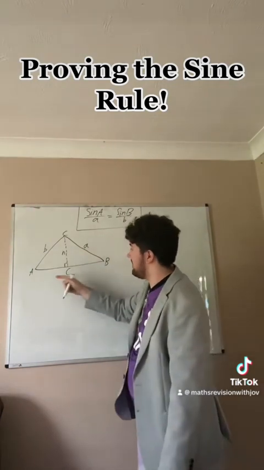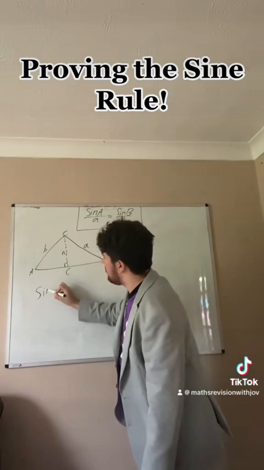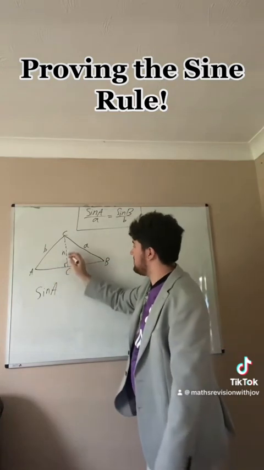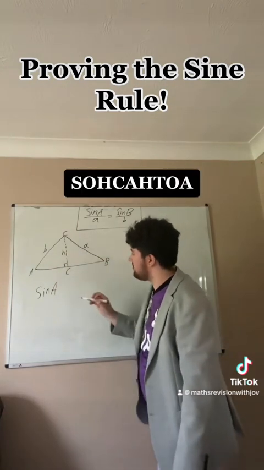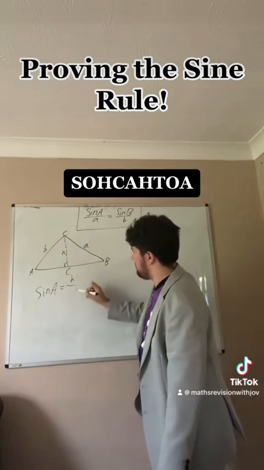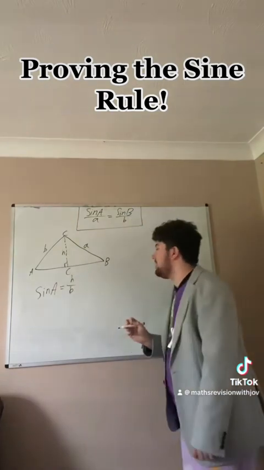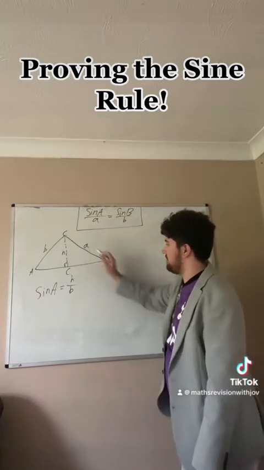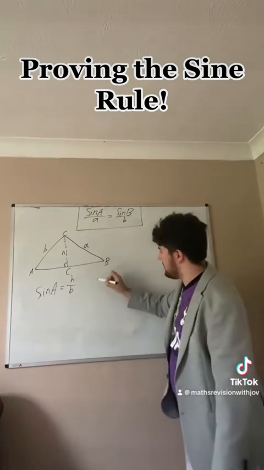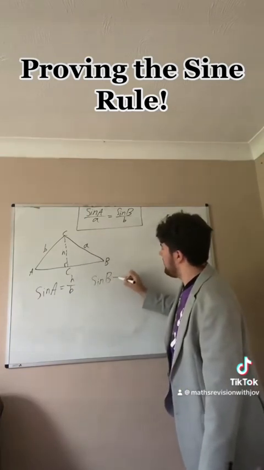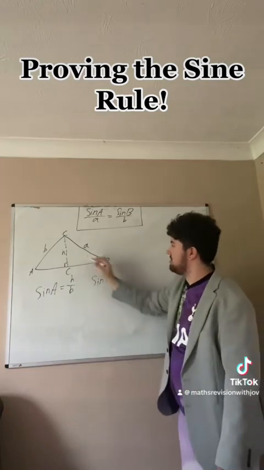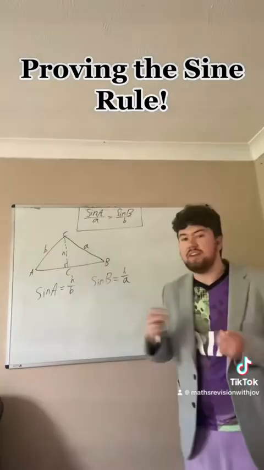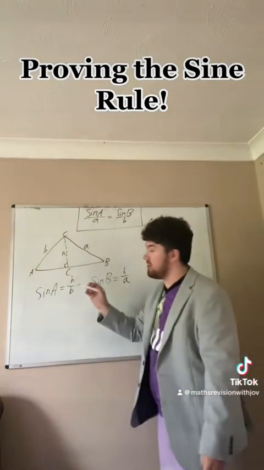So we can go ahead and say that the sine of A is equal to, if you remember, the opposite side divided by the hypotenuse, which is H divided by B. And we're also going to have a look at this other right triangle here on the right hand side, and we can say that sine of B is equal to the opposite side, which is H divided by the hypotenuse A.